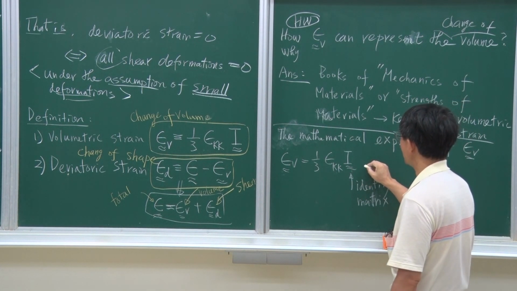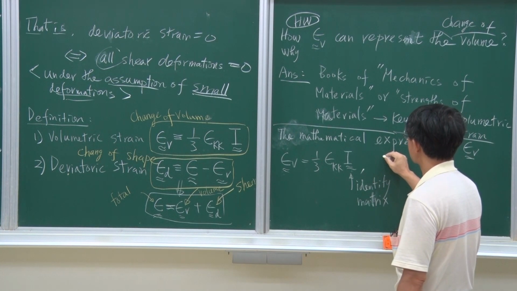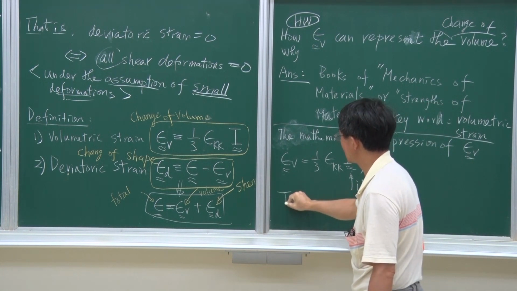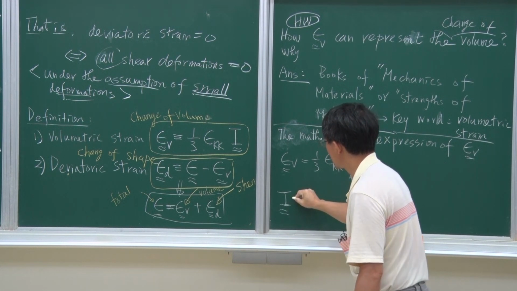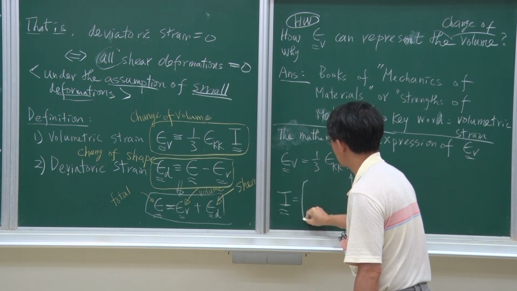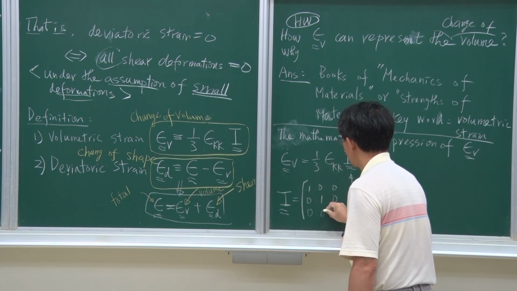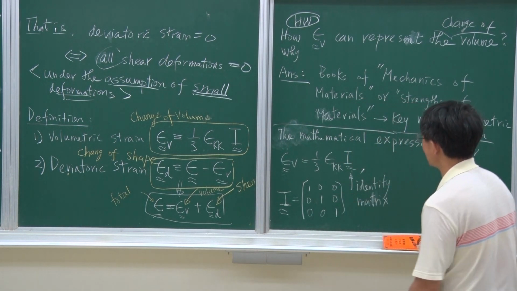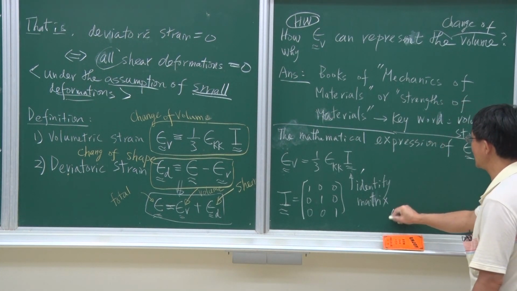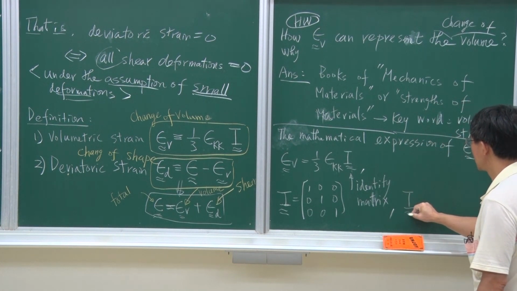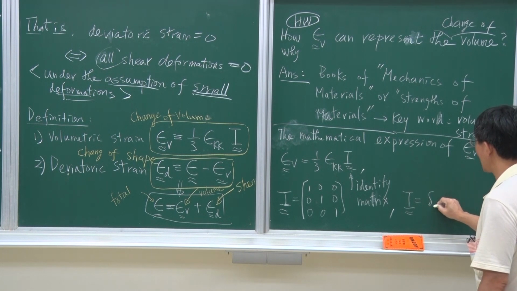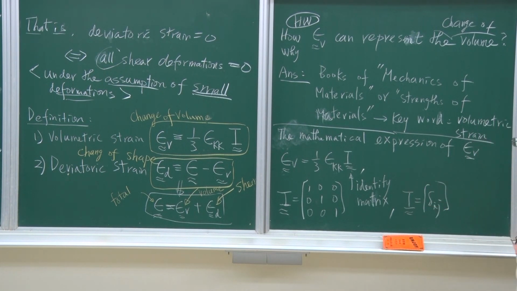Let me tell you. That's it, very easy. And also we can say that I equals delta ij, like this is a Kronecker delta.